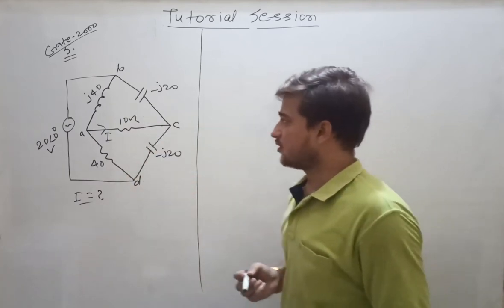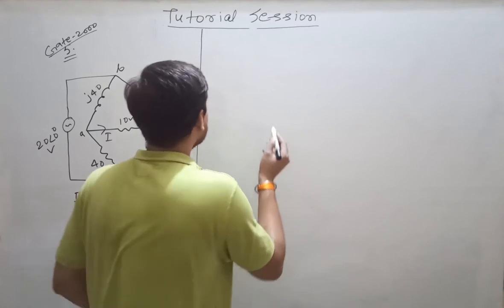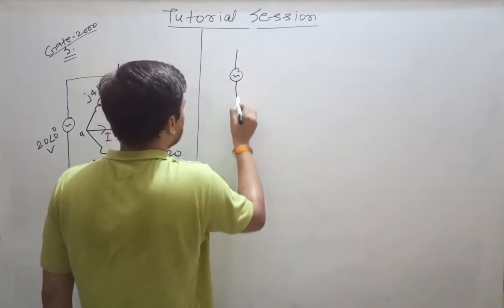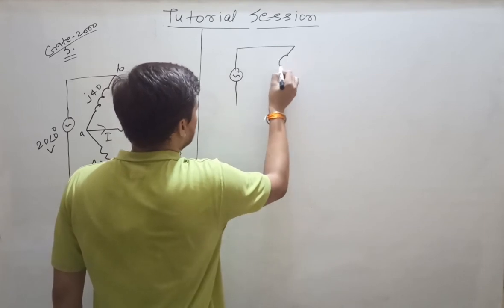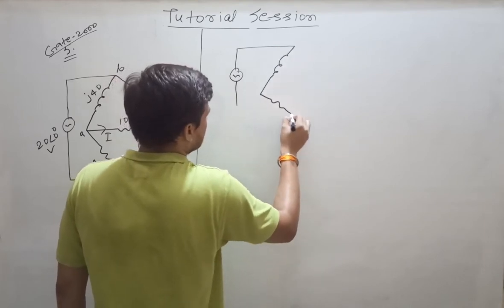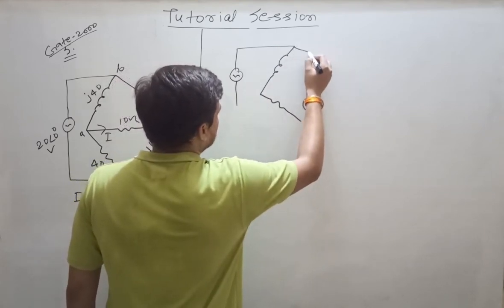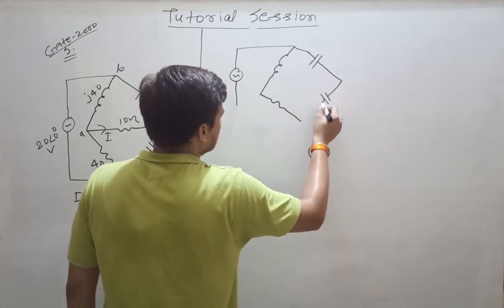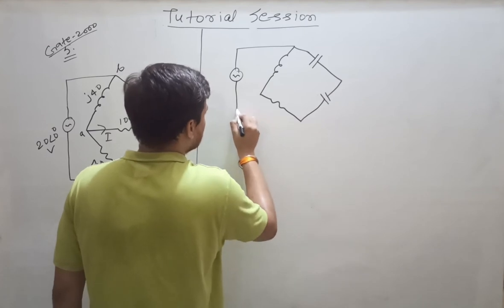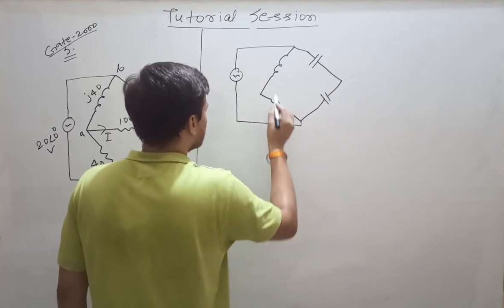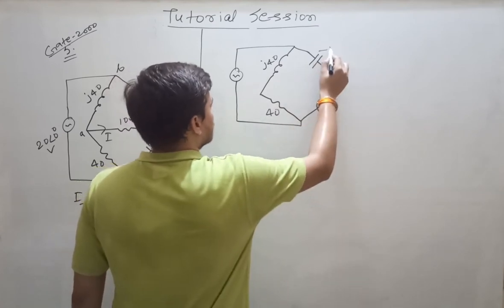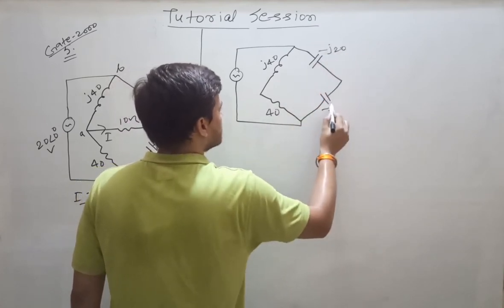So let us open the 10 ohm resistor and redraw the circuit. j40, 40, minus j20, minus j20.